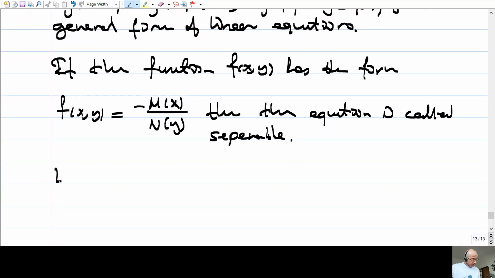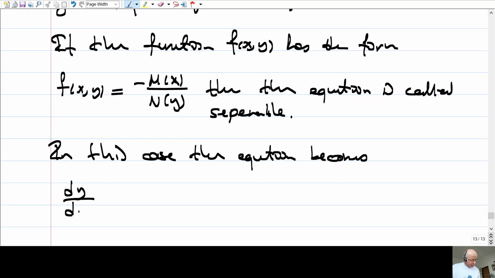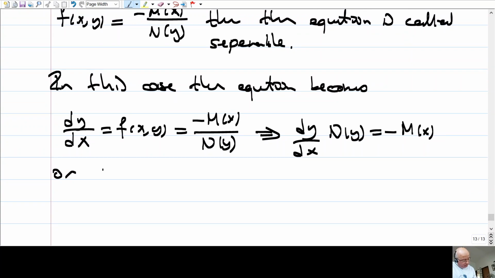Note that in this case, the equation becomes, dy over dx equals f(x,y), so it is minus m(x) divided by n(y), and from this I can write it either this way, y prime n(y), or maybe write dy/dx n(y) equals minus m(x), or m(x) dx plus n(y) dy.